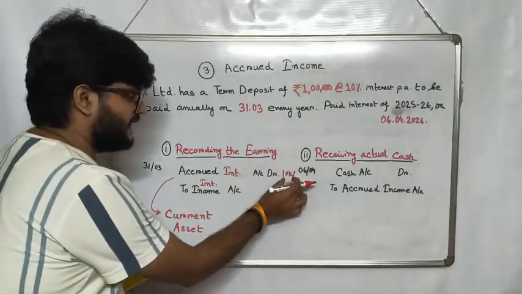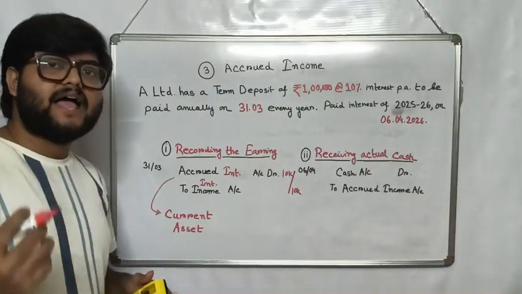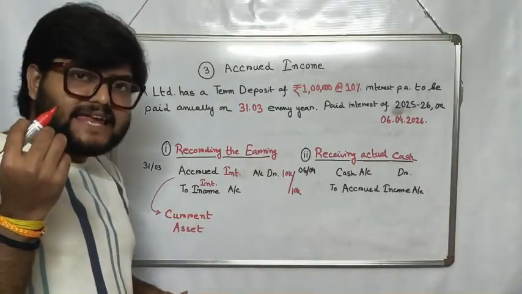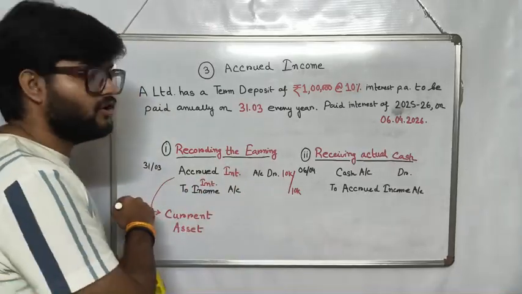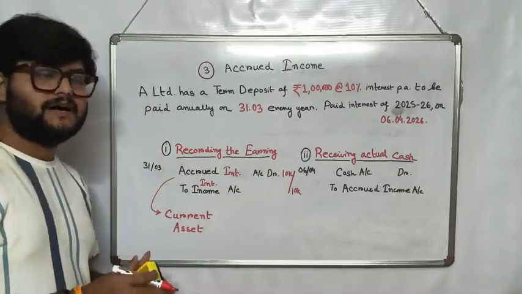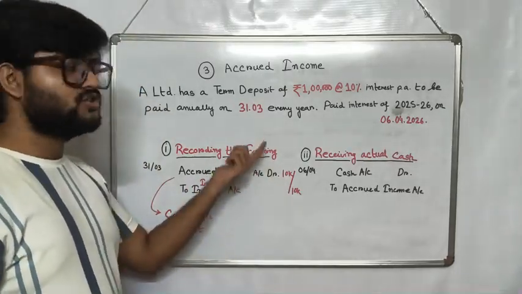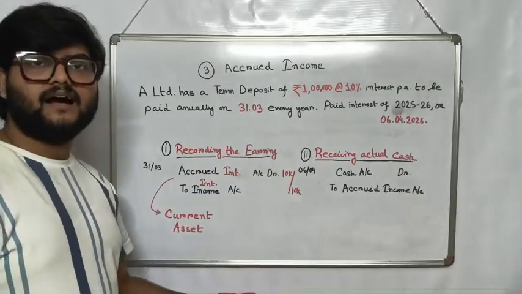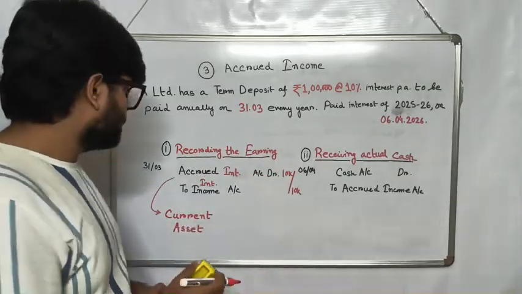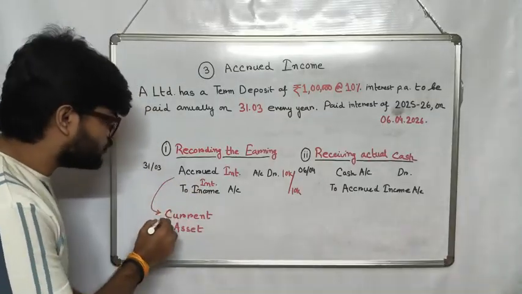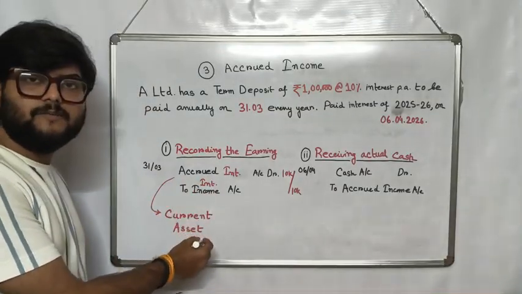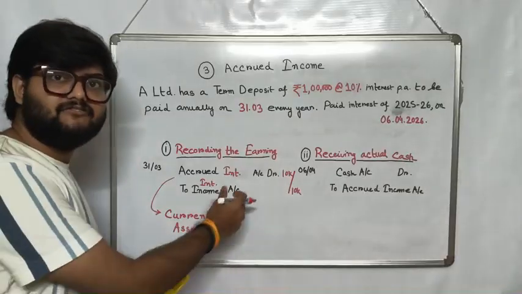The 10,000 that should have been earned by you in actual cash on 31st of March has not been received, and since it is a revenue to you, we are moving that to current assets, because the income will be received by us in the future.